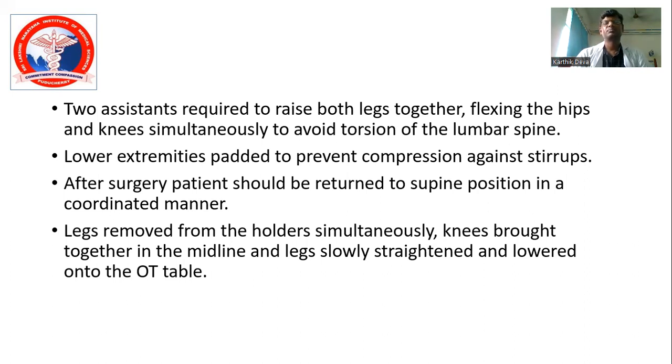Lower extremities are padded to prevent compression against the stirrups. After surgery, the patient should be returned to supine position in a coordinated manner. Legs are removed from the holders simultaneously, knees brought together in the midline, and legs slowly straightened and lowered onto the OT table.